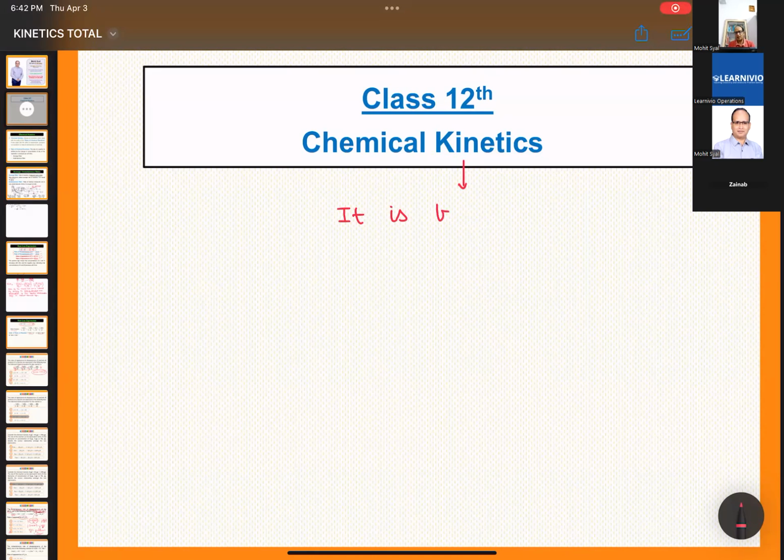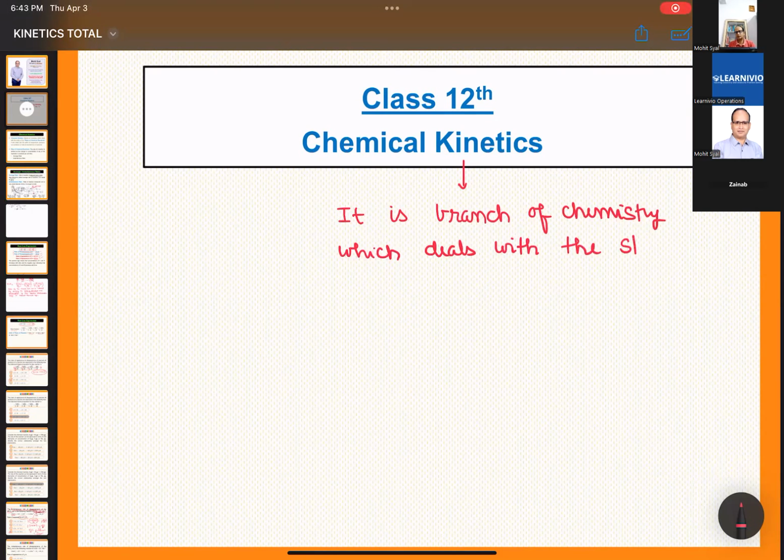Basically, it is the branch of chemistry which deals with the study of speeds of chemical reactions.